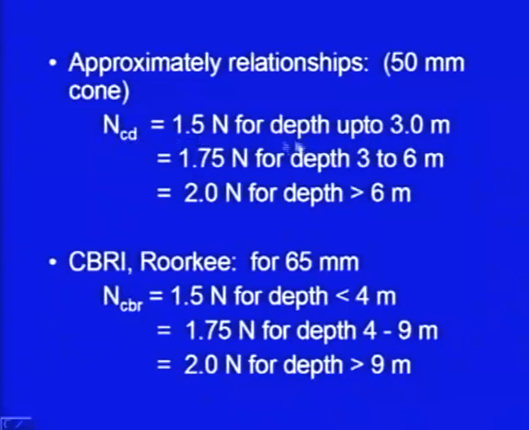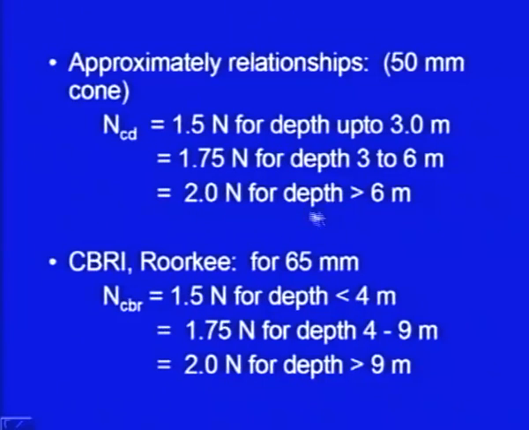It is only an approximate relationship and it should be used with caution. Then, if the depth is 3 to 6 meter, the NCD is roughly 1.75 times N. So, if NCD is known, you can roughly calculate N.